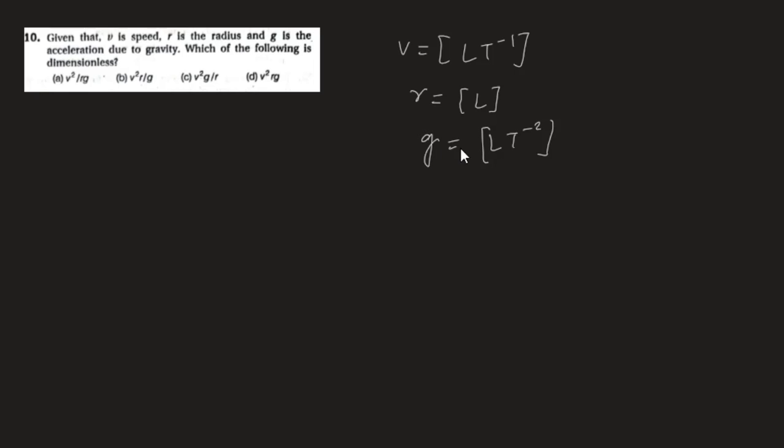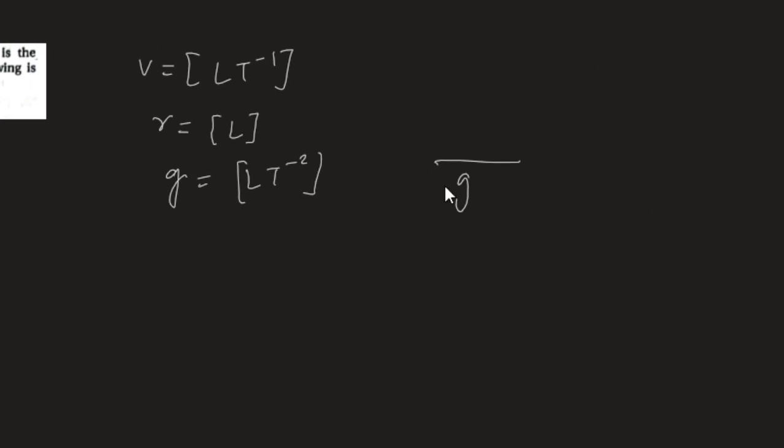Here you can see that in every option v is in the numerator, right? So g will be in the denominator. Now I want to cancel the time part, which is t minus 2, and in velocity I have only t minus 1, so I need to do the square, right? So if I'm doing v square by g, then the time part is getting cancelled.